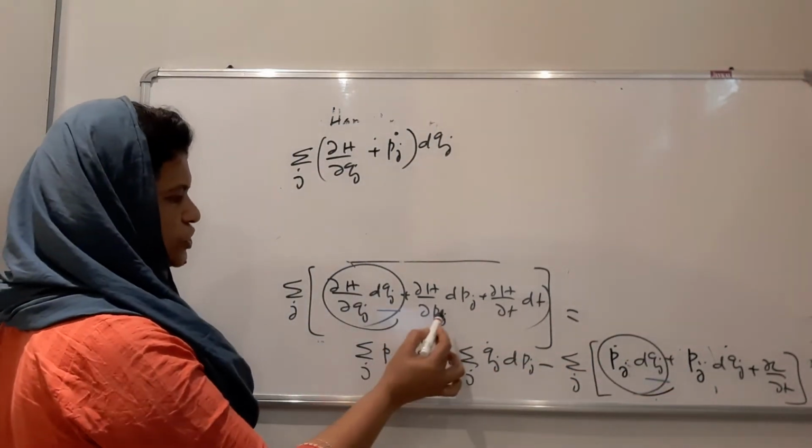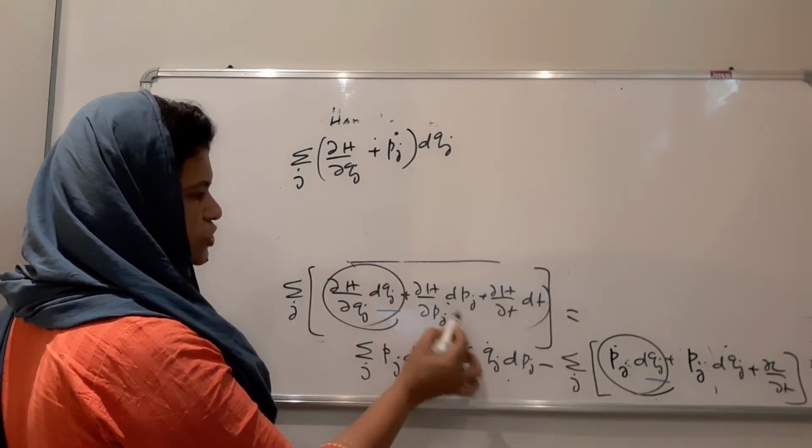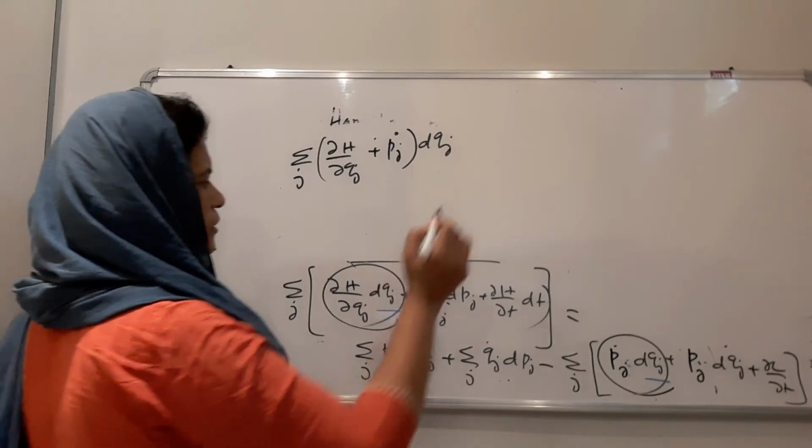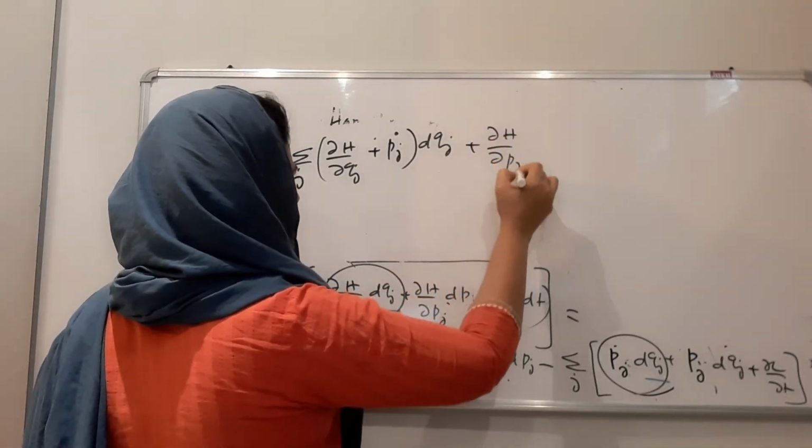Next, the coefficient of dpj here and the coefficient of dpj here can be combined. That is plus ∂H/∂pj.